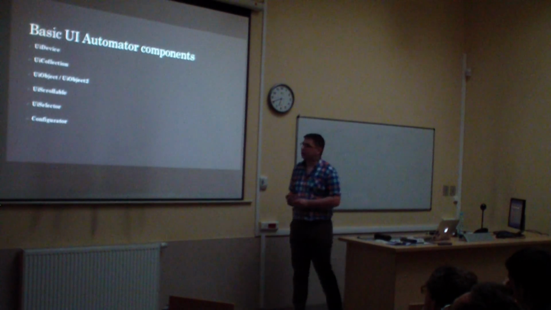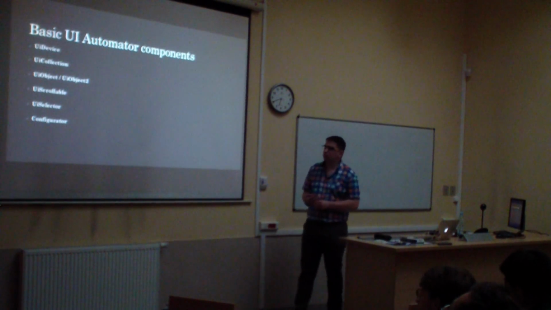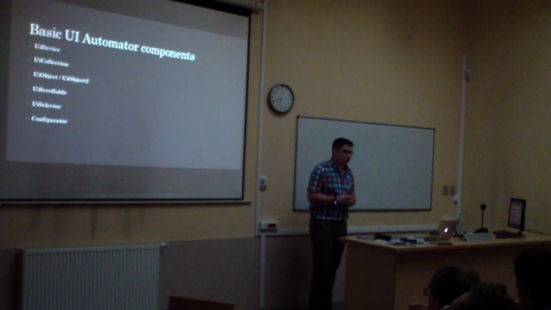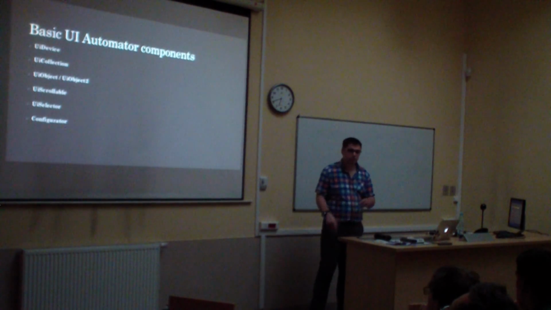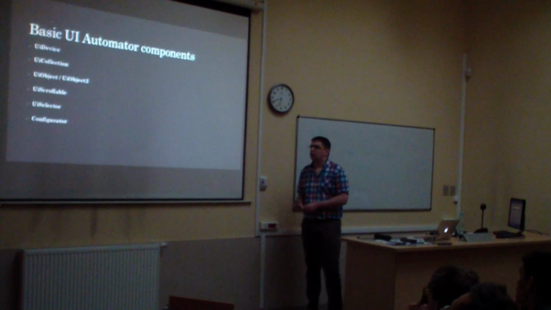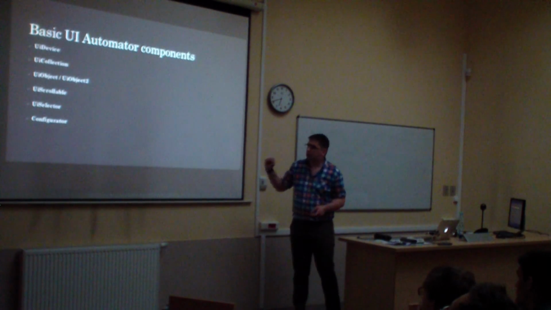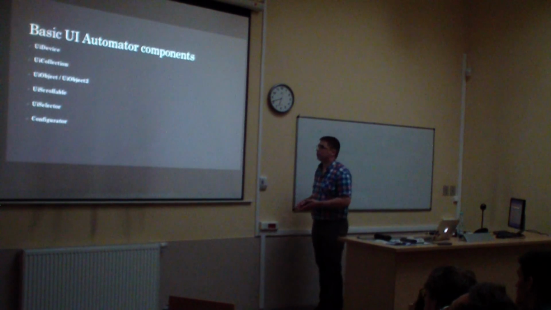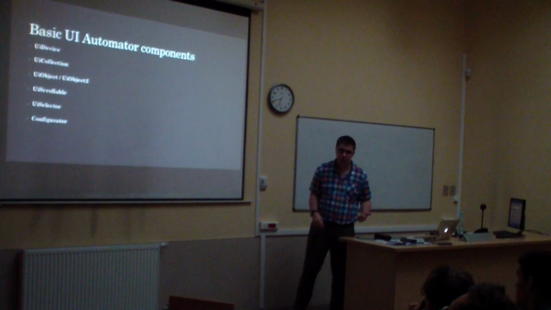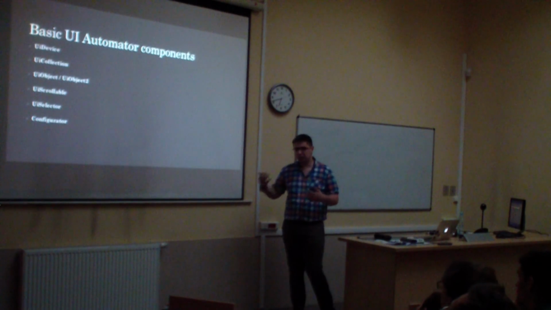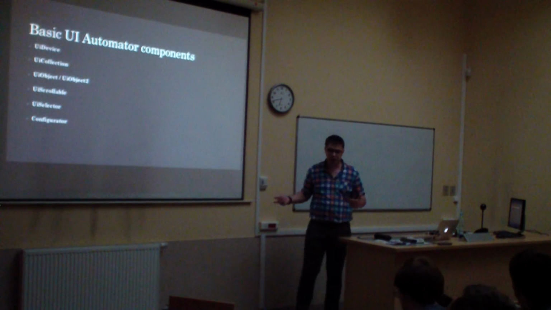Next component, UiObject and UiObject2. We have two different components because we have two versions of the framework, UI Automator first and second. This component allows you to do some actions with the view. UiScrollable allows you to scroll, as an example, the application list. You can open the menu and you will have all applications.